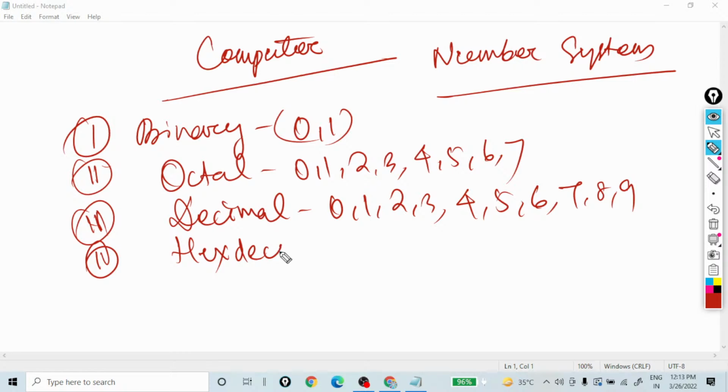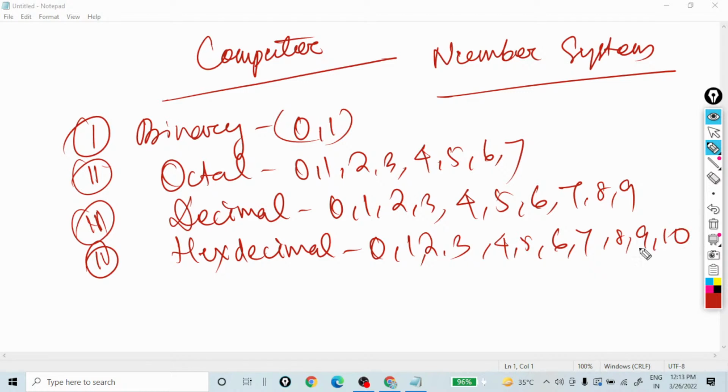Next is hexadecimal number system. What is hexadecimal? That is 0, 1, 2, 3, 4, 5, 6, 7, 8, 9, 10, then 11, 12, 13, 14, 15, up to 15, right? Hexadecimal base is 16.